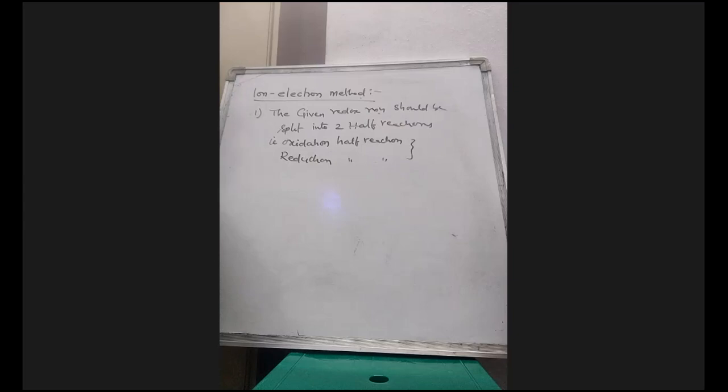The splitting can be done based on the oxidation state, whether the oxidation state of a particular element is increasing or decreasing. Based on that, the redox reaction can be split into an oxidation half reaction and a reduction half reaction.